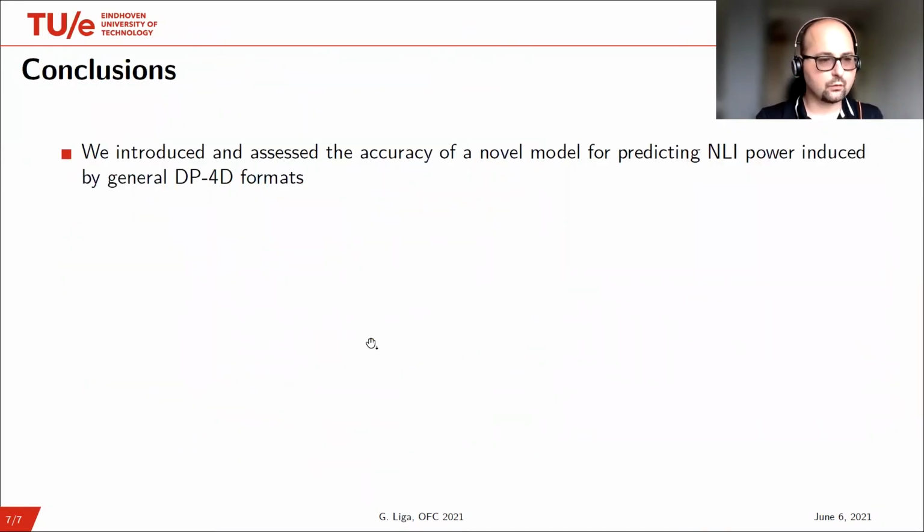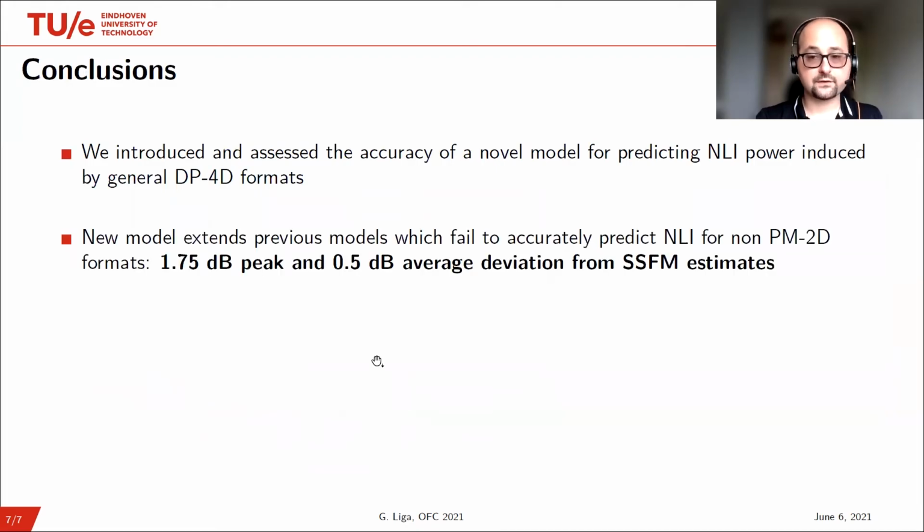In conclusion, we introduced and assessed the accuracy of a novel model for the prediction of the nonlinear interference power for general dual polarization 4D formats. The new model extends previous models already available, which fail to accurately predict nonlinear interference for non-polarization multiplex 2D formats.